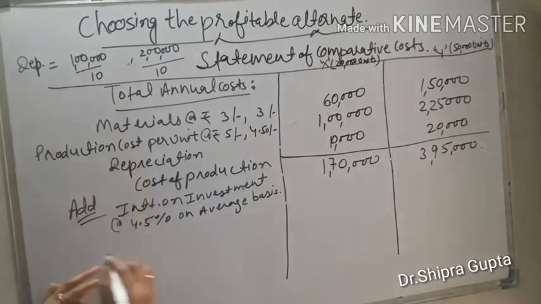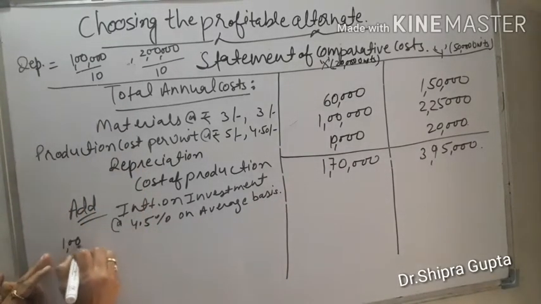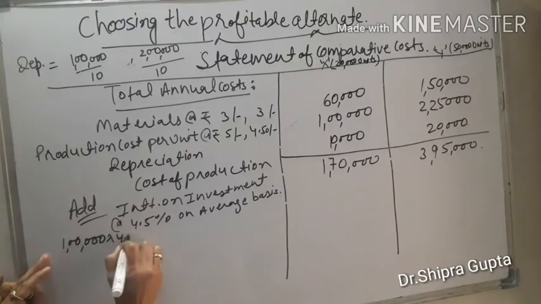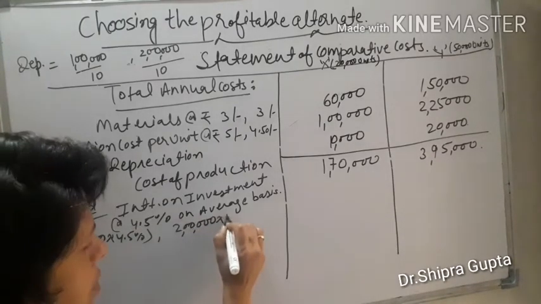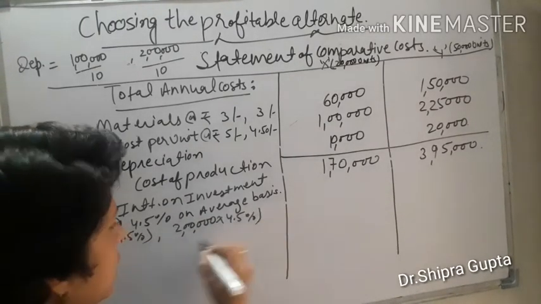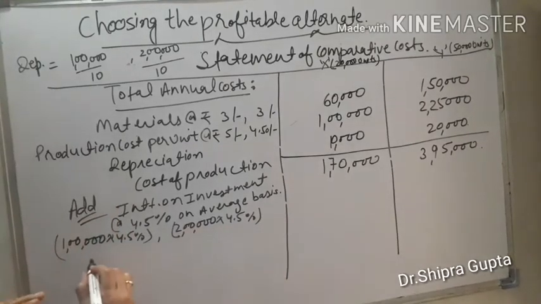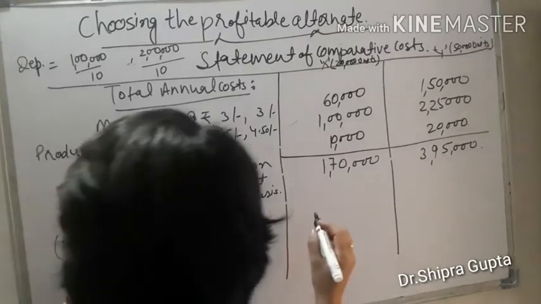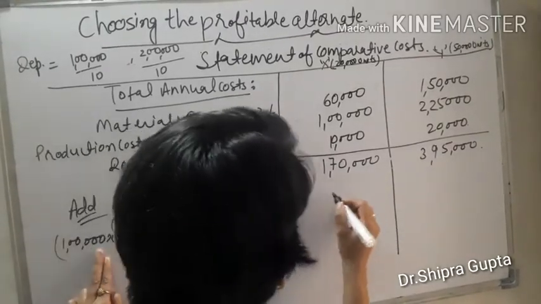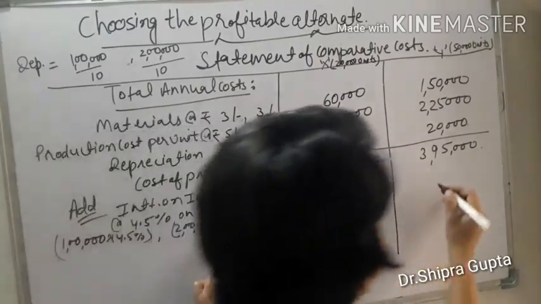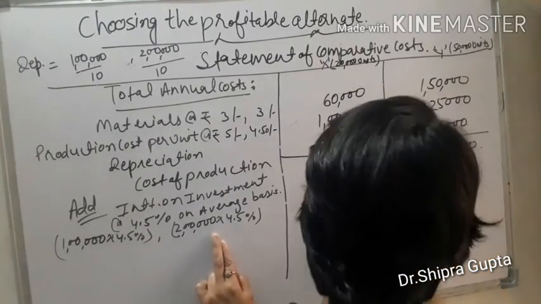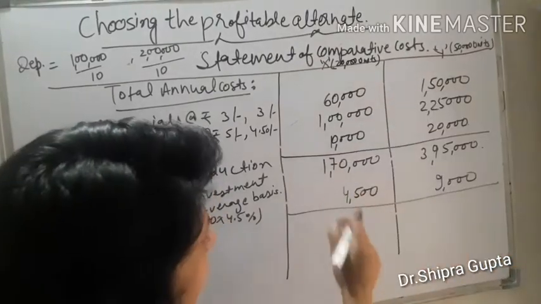So 4.5% of 1 lakh for machine X, and for Y 2 lakh multiplied by 4.5%. We calculate, and this value is 9,000 rupees for Y. So we add these values.